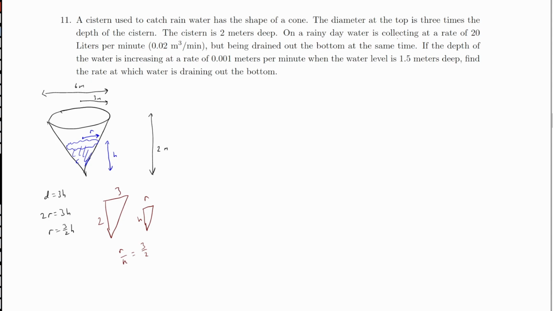On a rainy day, water is collecting at a rate of 20 liters per minute, or 0.02 meters cubed per minute. But it's being drained out the bottom at the same time. So maybe I shouldn't write that as dV/dt, because there's other stuff going on. Let's just write this as water in. The depth of the water is increasing, so that's telling me a rate of change of height.